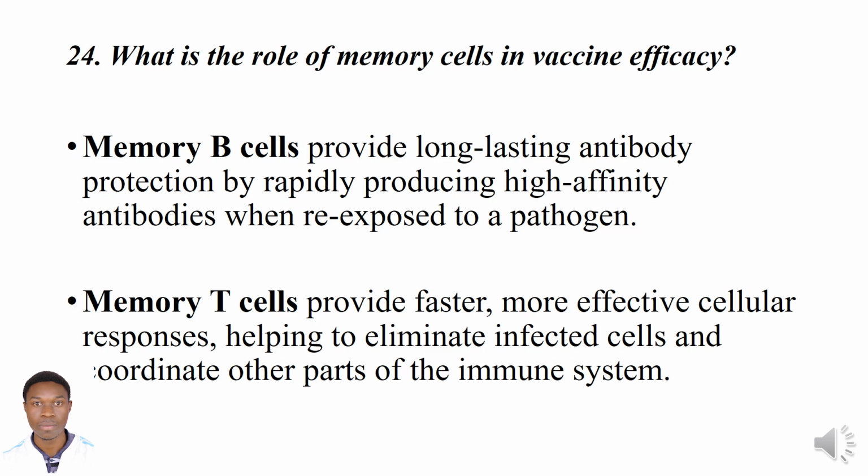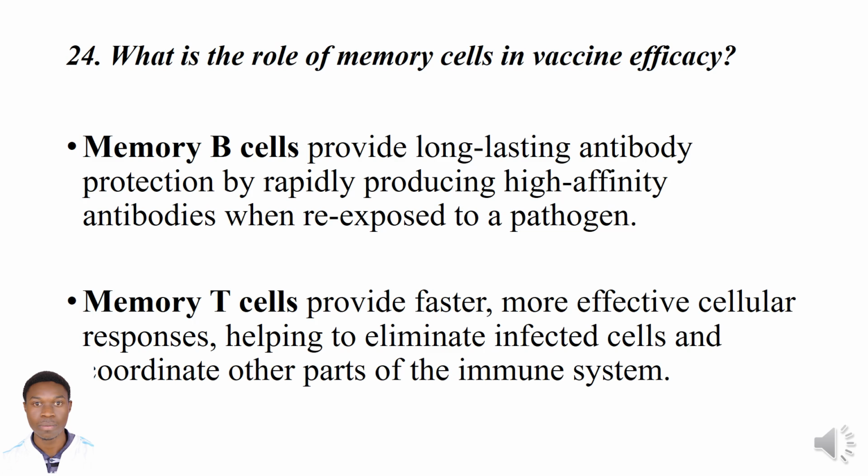And effective vaccines generate a strong and durable memory cell response. For instance, vaccines like the measles, mumps, rubella vaccine or HPV vaccine stimulate long-lasting memory B and T cells, which provide protection even after the antibody levels decline.